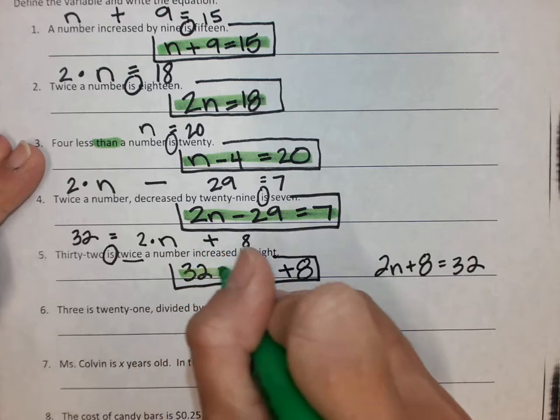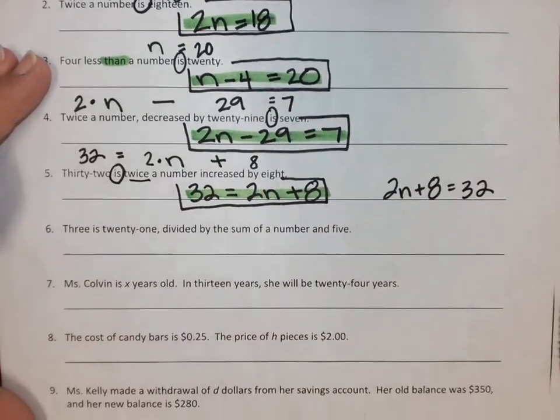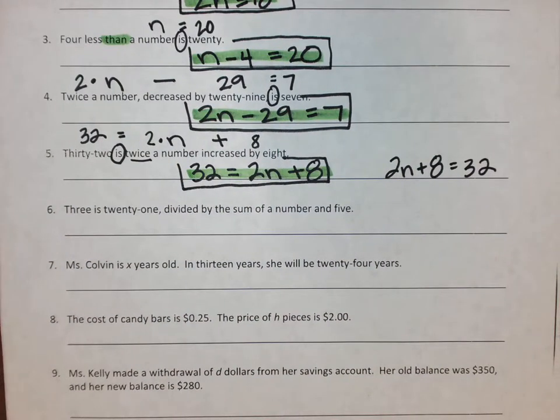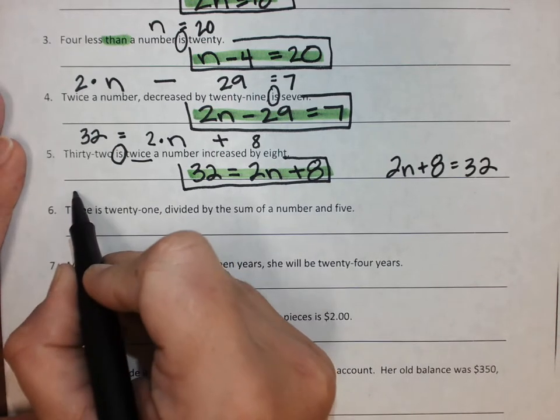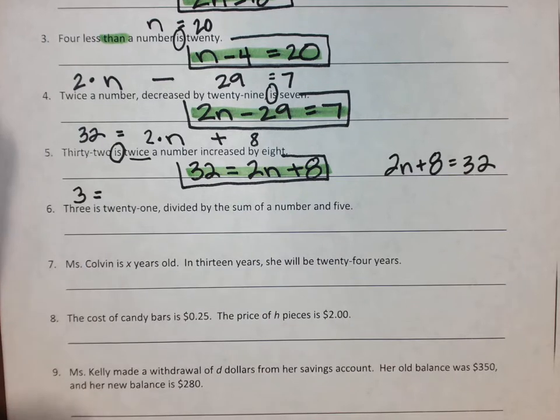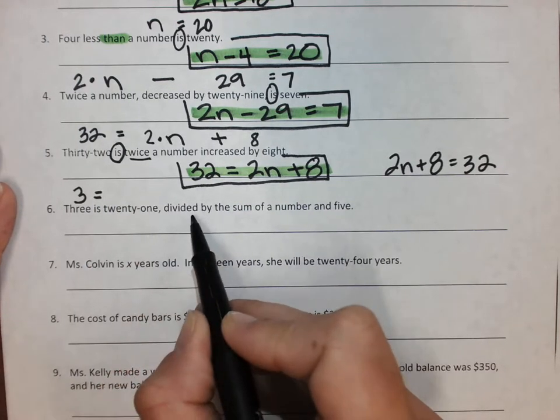Moving right along to number 6. Number 6 says 3 is 21 divided by the sum of a number and 5. 3 is, okay? So 21, right, divided by.